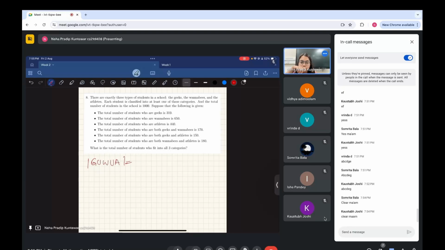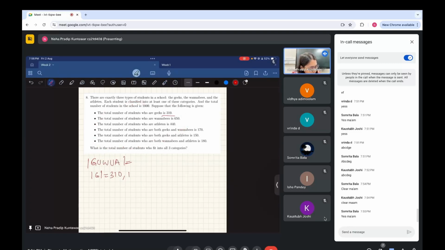Okay, so let's maybe start with a simple example. What is the cardinality of G? What is the total number of geeks? The number of geeks that you have is 310. The number of wannabes is 650.